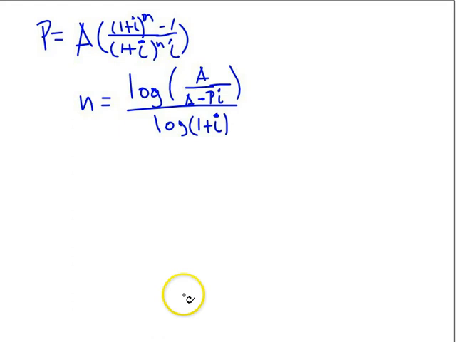N would therefore be solved with the logarithm of A divided by A minus Pi, divided by the logarithm of 1 plus i. Strictly speaking, we would need to round this up to the closest integer if it's not an integer. So this is what we call the ceiling of this function, and that's how we would obtain the corresponding result.